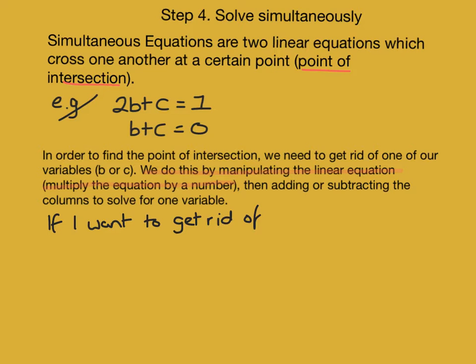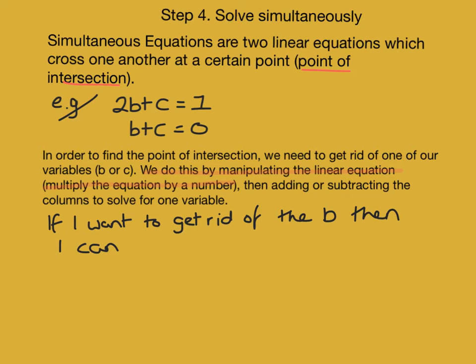Okay, so if I want to get rid of the B's, can anyone tell me what I could multiply this line by, so that I get a number in front of this B that, when I subtract it from above, I'll get 0? Two.